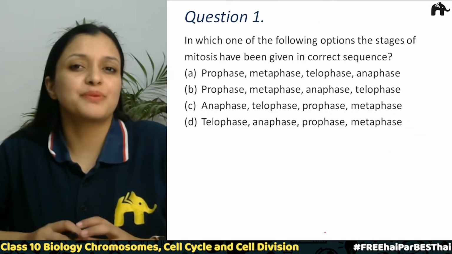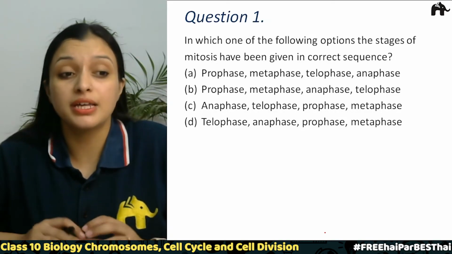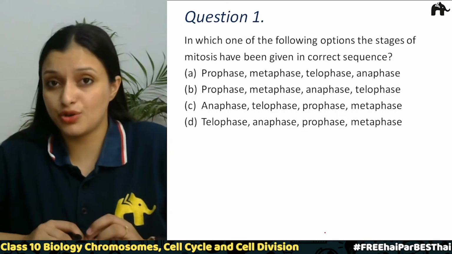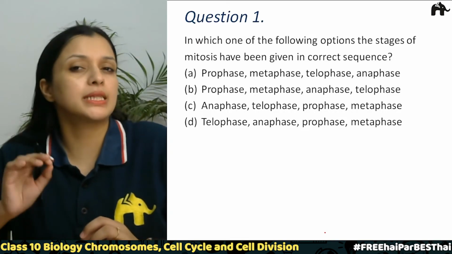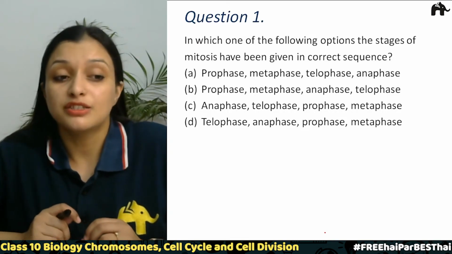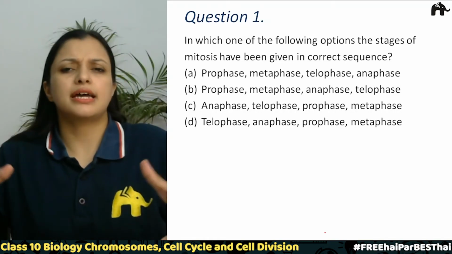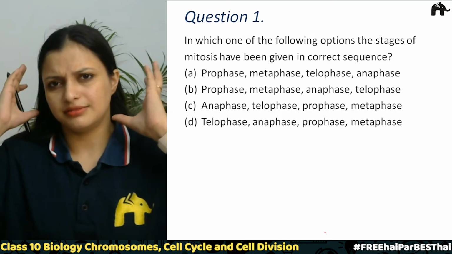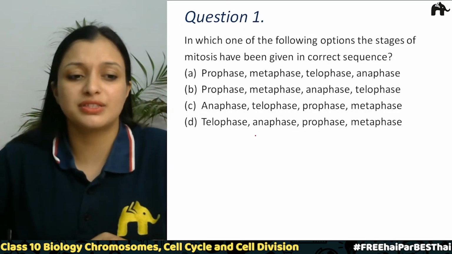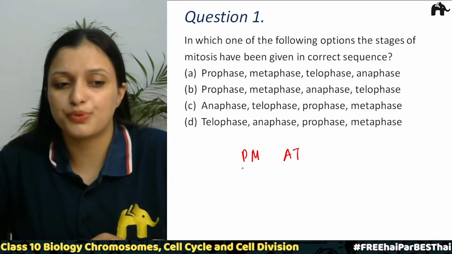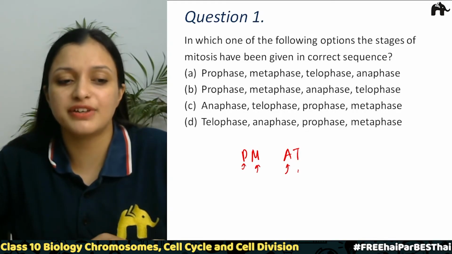So let us discuss some questions now. Question number 1. In which of the following options have the stages of mitosis been given in the correct sequence? The first one is prophase, metaphase, telophase, anaphase. So let us understand what are these stages in the correct sequence. That is P, M, A, T. Prophase, metaphase, anaphase, and telophase.